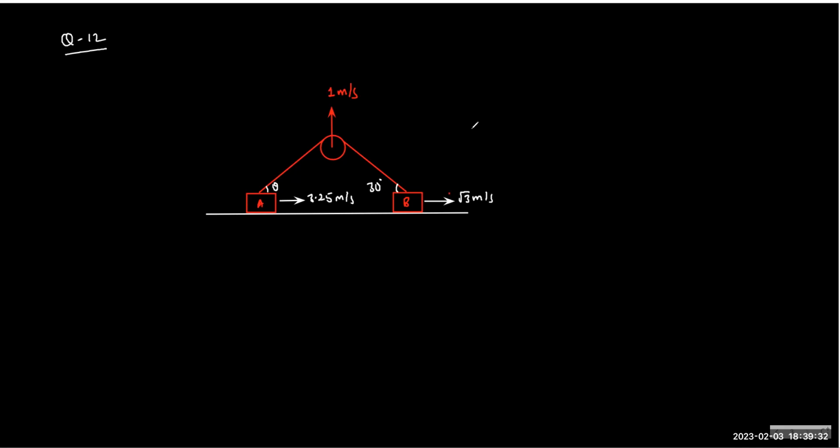Tell me, if you want to solve, then what will you apply? Which method are you going to apply to get the numbers? I think summation T dot V. So try to write it down and let me know.